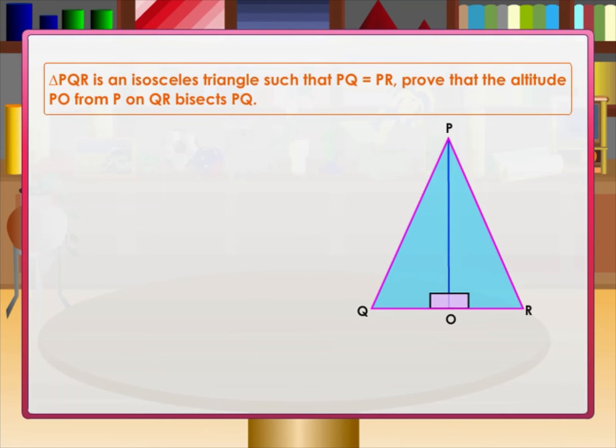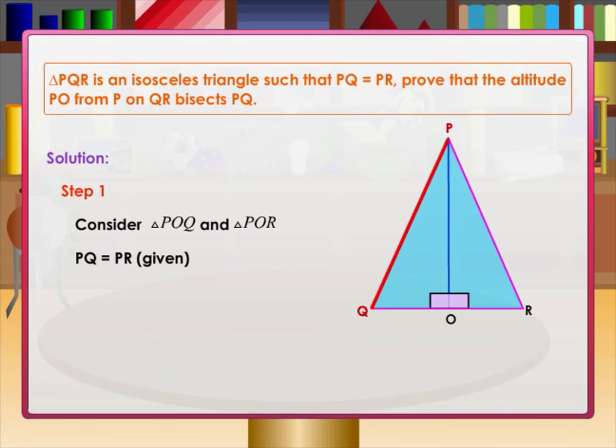Triangle PQR is an isosceles triangle such that PQ is equal to PR. Prove that the altitude PO from P on QR bisects QR. Step 1. Consider the triangle POQ and triangle POR. Given PQ is equal to PR. PO is a common side.